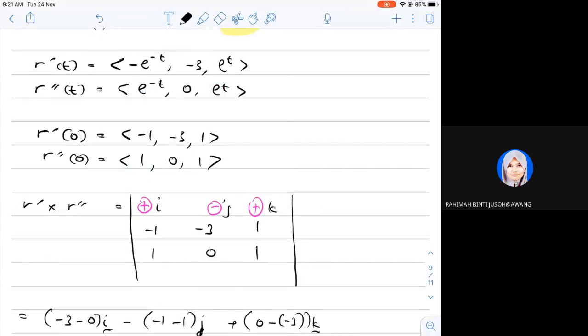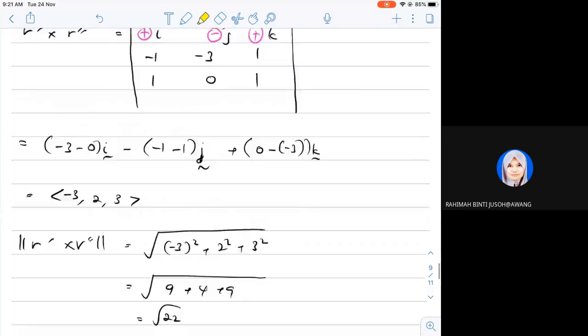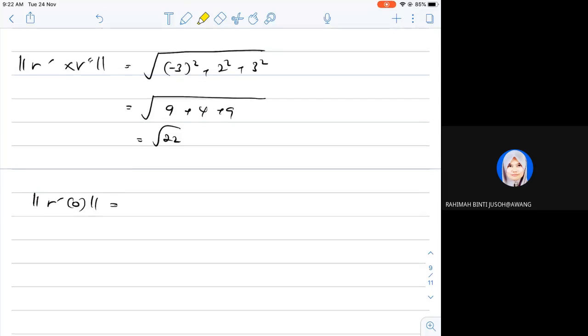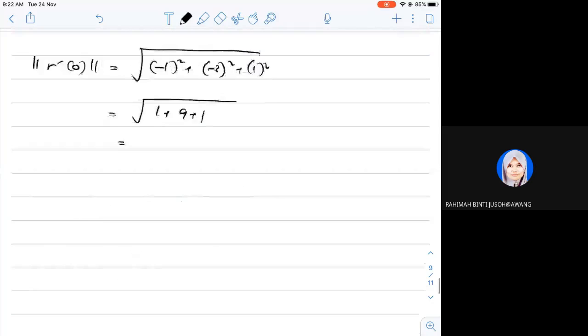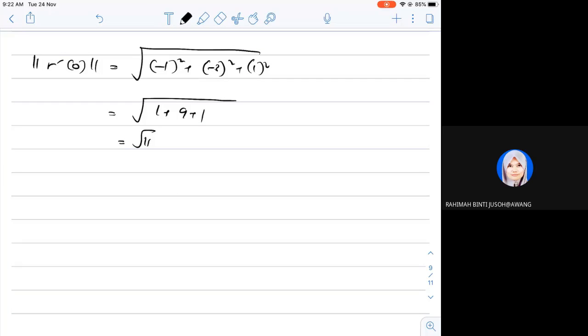R prime 0, this, okay, take this value. -1, -3, 1. Square root of -1 squared plus -3 squared plus 1 squared. So we will have 1 plus 9 plus 1. So square root 11.